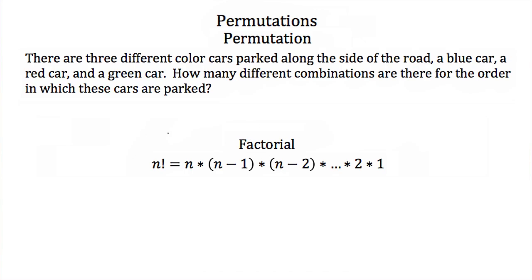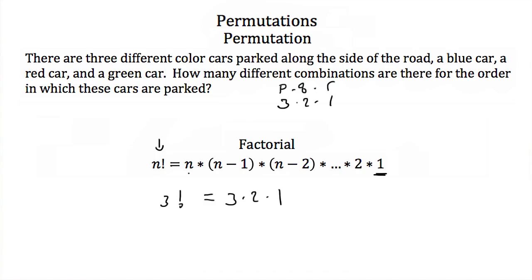Here we have n with the exclamation point, and that just means n times n minus 1 times n minus 2, all the way down until we hit 1. So, if we were doing 3 times 2 times 1, where this is P, Q, and R, then we would just say 3 factorial, because that's equal to 3 times 2 times 1.